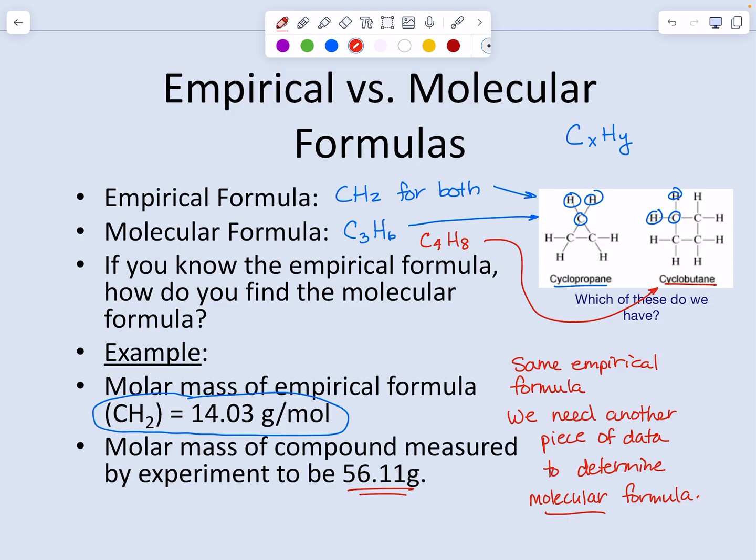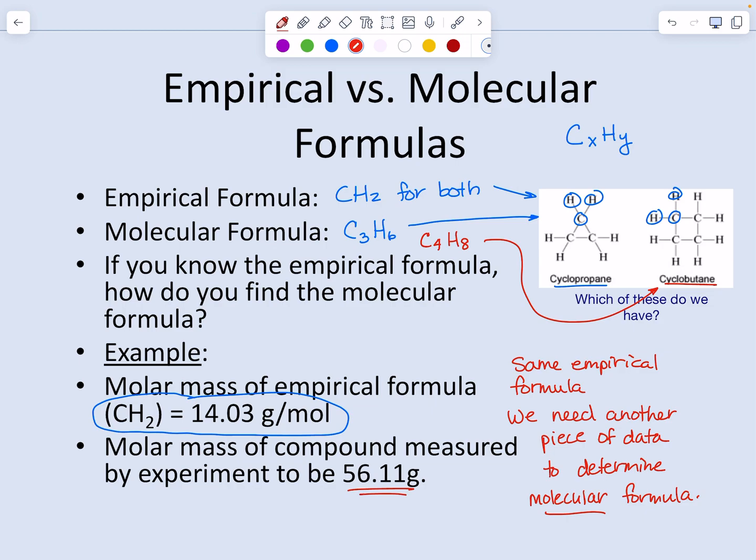You could do that type of experiment if your unknown chemical is an acid, and then combine that with percent composition to figure out the molecular formula and empirical formula.